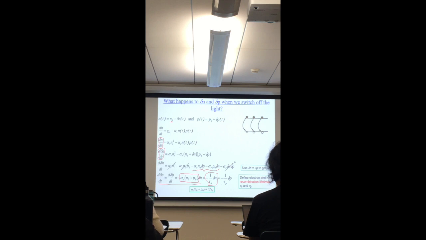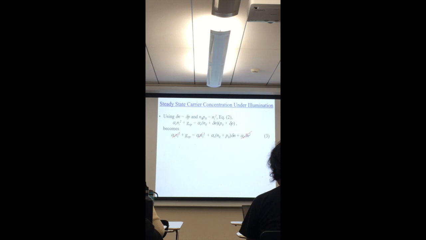So this term is 1 over tau. Okay. So we can write down the expression for optical generation rate easily. So basically it's delta n over tau. So this is the optical generation rate.